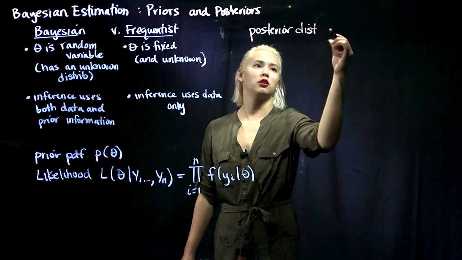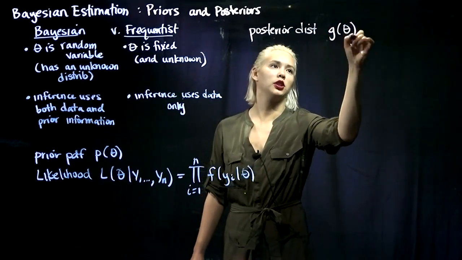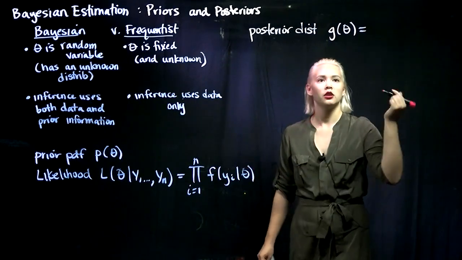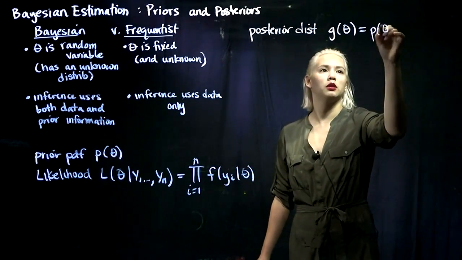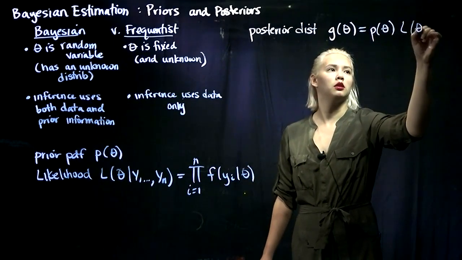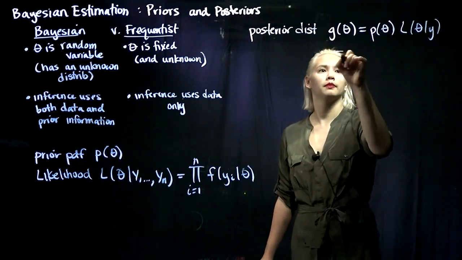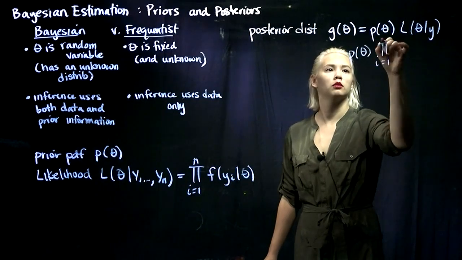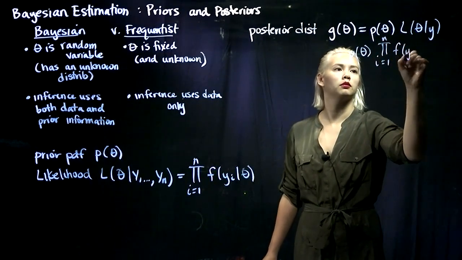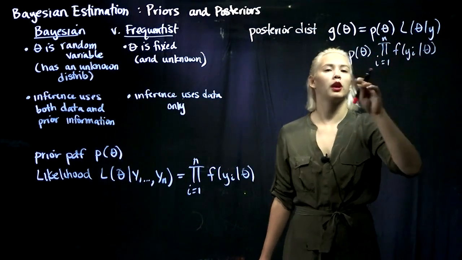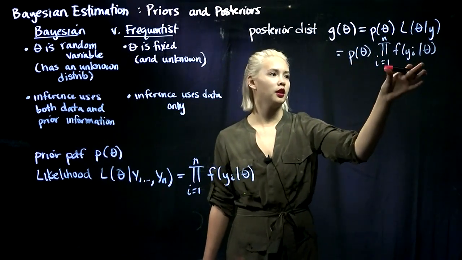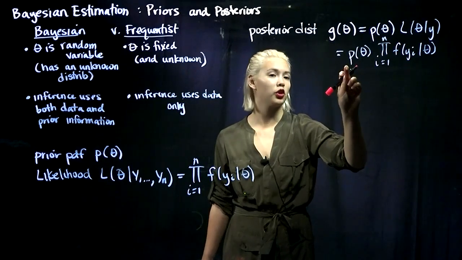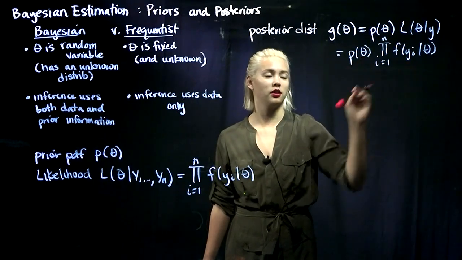The notation doesn't hugely matter. We can maybe call it g of theta. So we combine our prior and our likelihood: our prior times our likelihood, and this gives us the joint distribution for theta and our data.